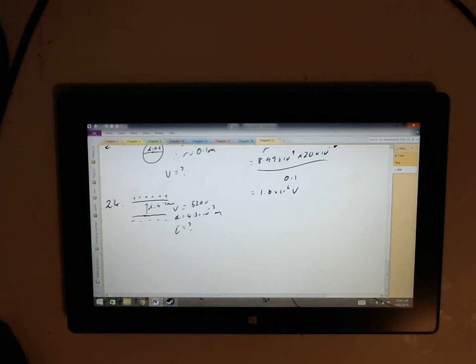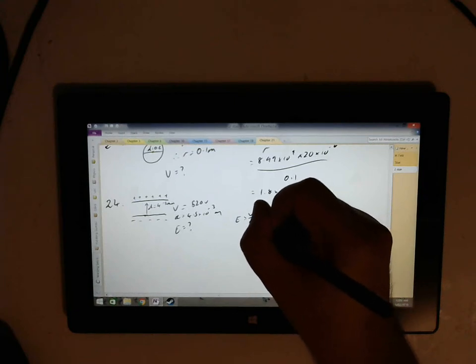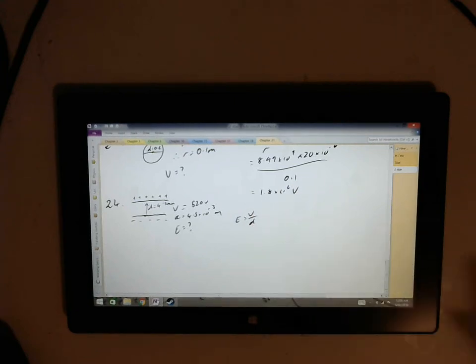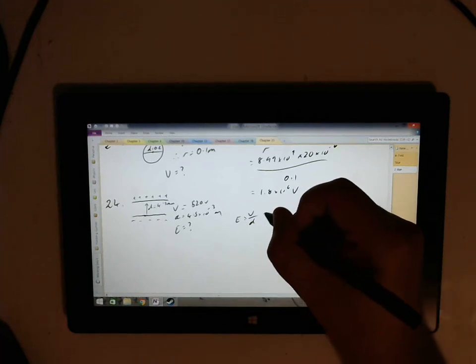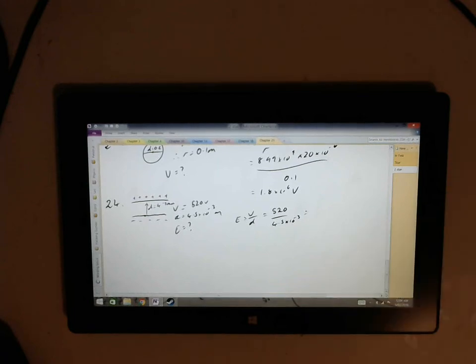So therefore electric field must equal voltage over distance. And you can see that equation on page 458 of your textbook. So we substitute that in: 520 over 4.5 times 10 to the negative 3.